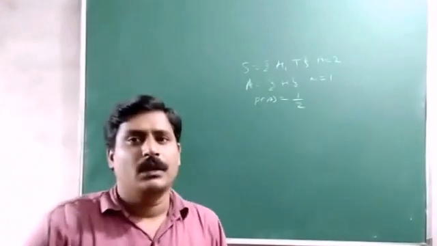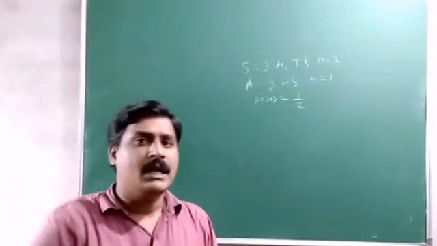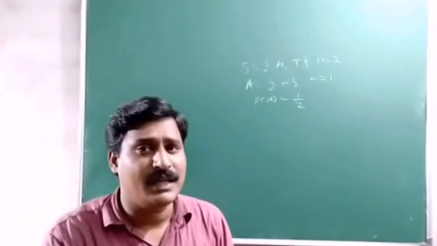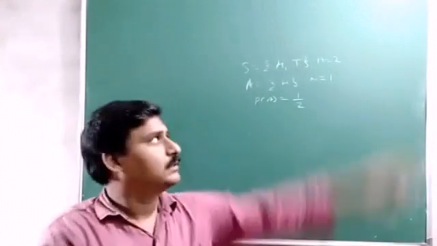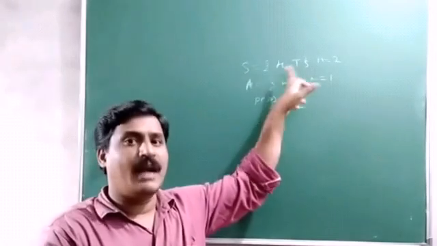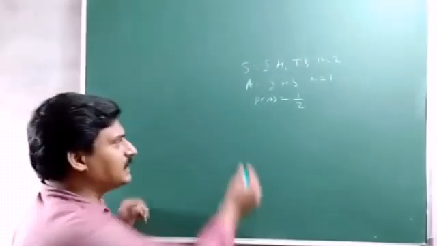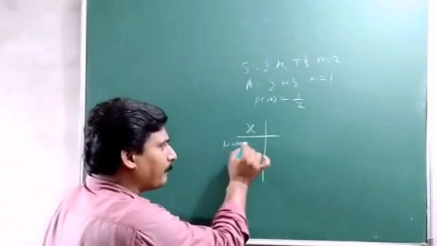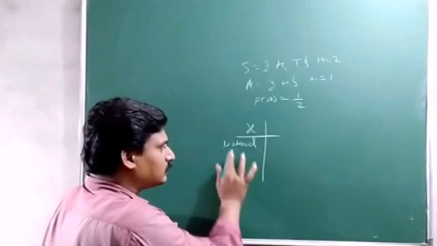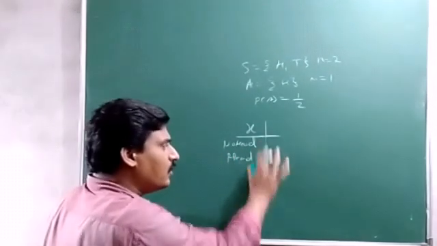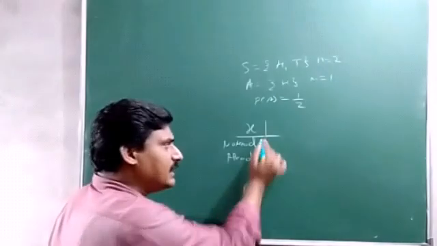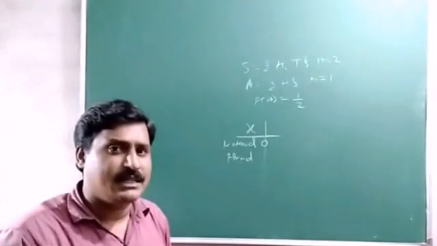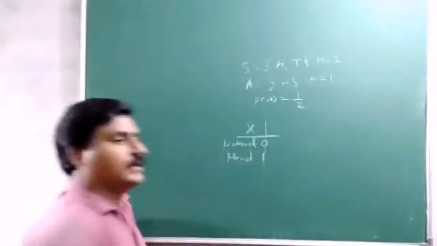Now, assigning a random variable to this event. I want head. So what are the chances of getting head here? Only one chance, head, and no head. So I assign a variable x here. For no head, I assign number 0 because 0 heads, and the maximum number of heads I can get here is 1 head.